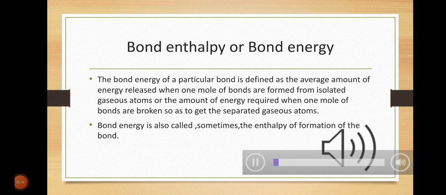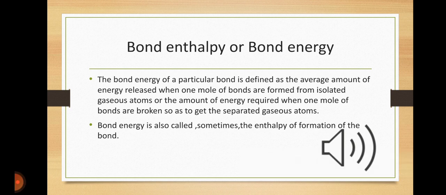Bond enthalpy or bond energy. The bond energy of a particular bond is defined as the average amount of energy released when 1 mole of bonds are formed from isolated gaseous atoms, or the amount of energy required when 1 mole of bonds are broken so as to get the separated gaseous atoms.